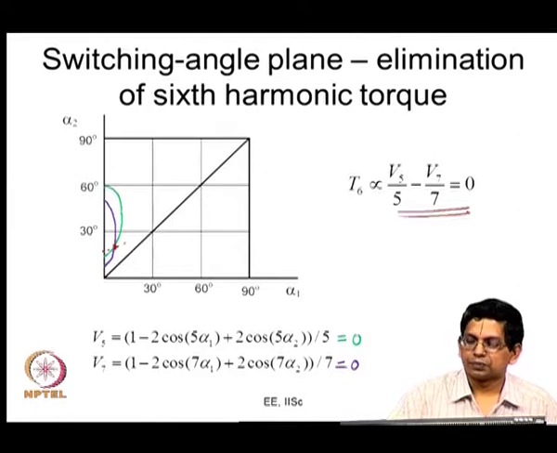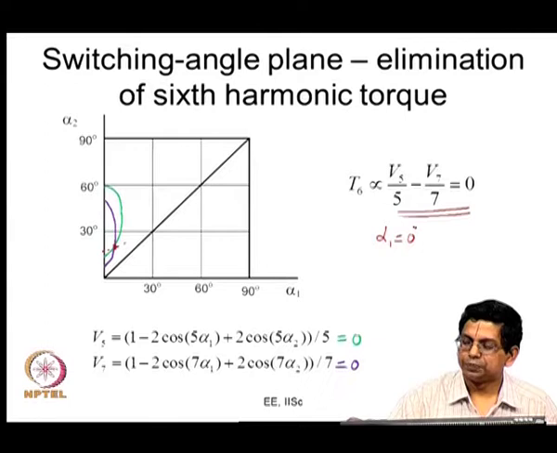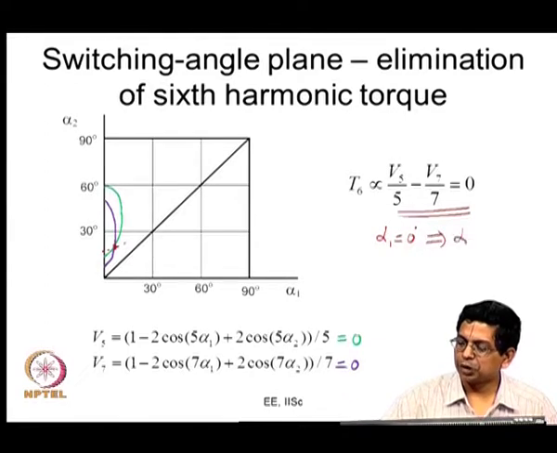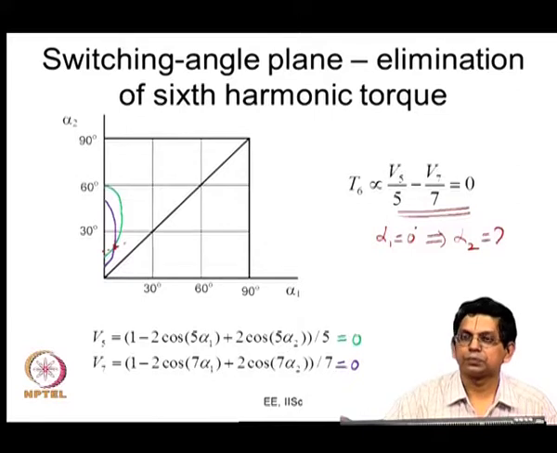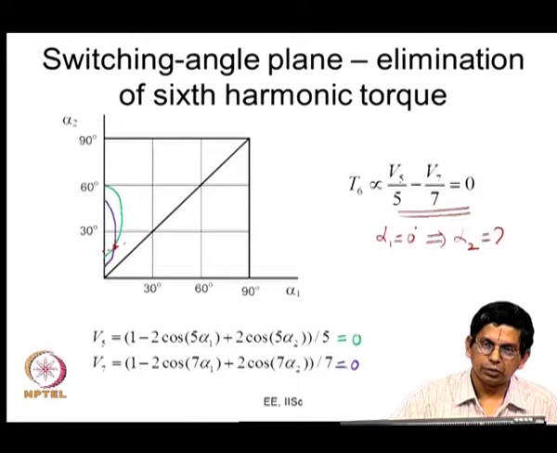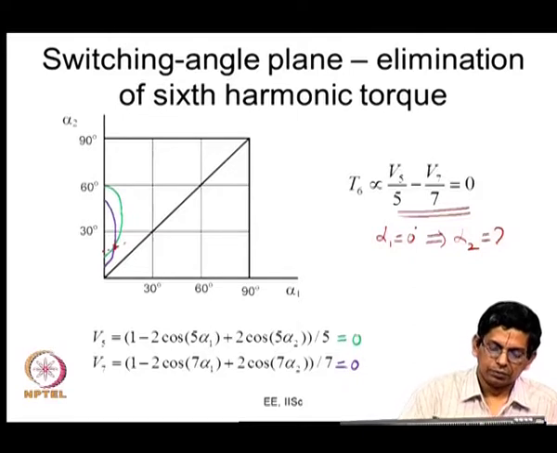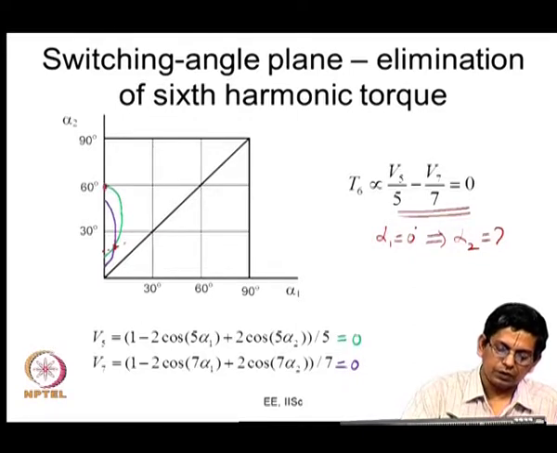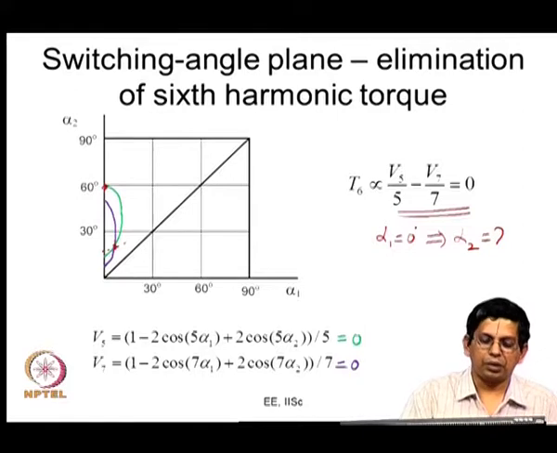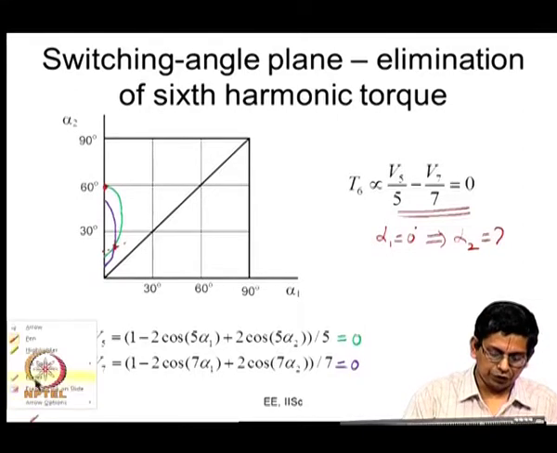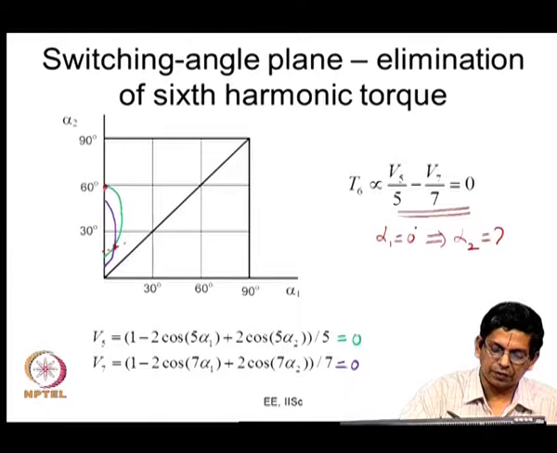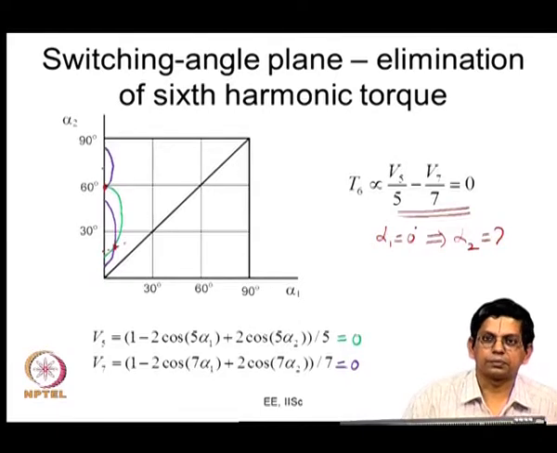One way to do this, maybe you say alpha 1 is equal to 0 and then try to find out the different possible values of alpha 2, or you can consider some other value. So, you can do this. You will also find that the sixth harmonic torque is 0 there, because once again you have V5 as well as V7 going 0 there.